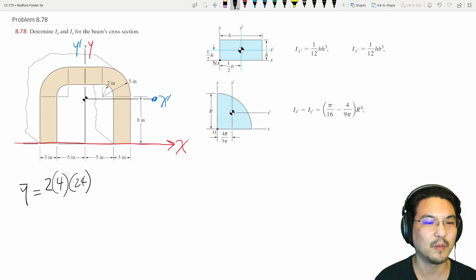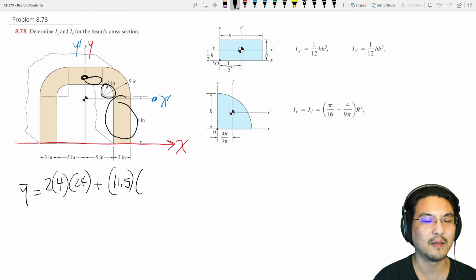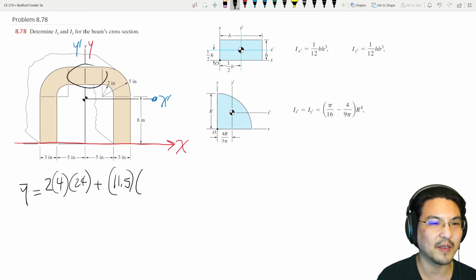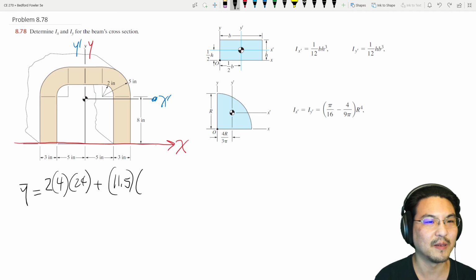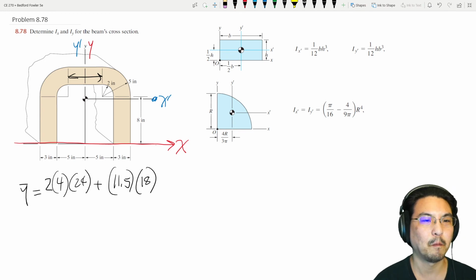Okay, plus, where's the centroid of this? Here to here is 8, plus 2 is 10, plus another 1.5, 11.5, times this area. So that's 6 times 3. Okay.